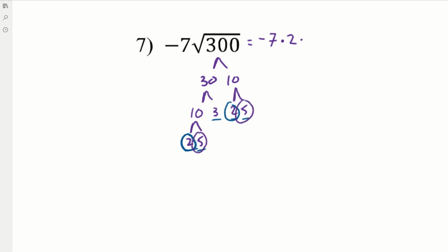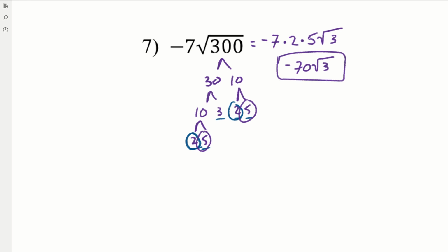The 5's have a pair, so that 5 gets to simplify outside of the radical. This 3 did not have any buddies, so he's going to stay living inside of the radical. That -7 and 2 and 5 all multiply together on the outside, so this becomes -70 square root of 3. And this is the most simplified radical form.